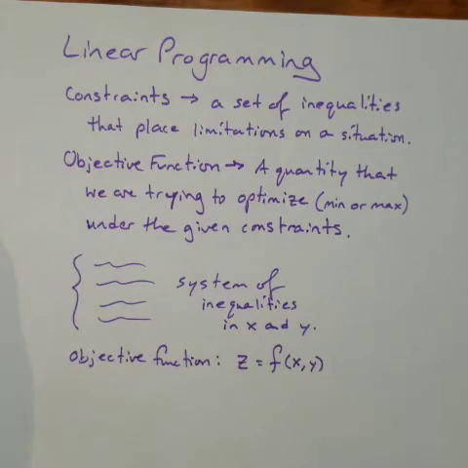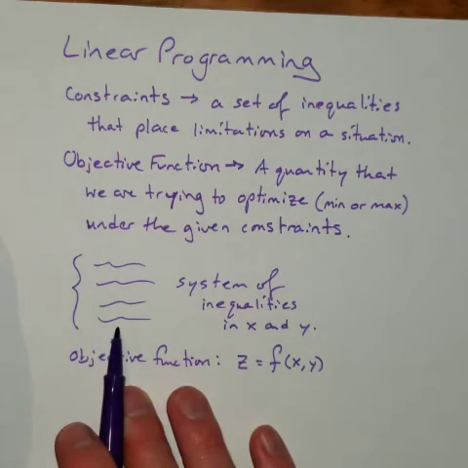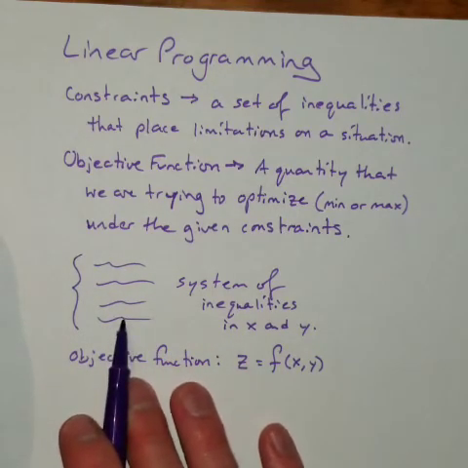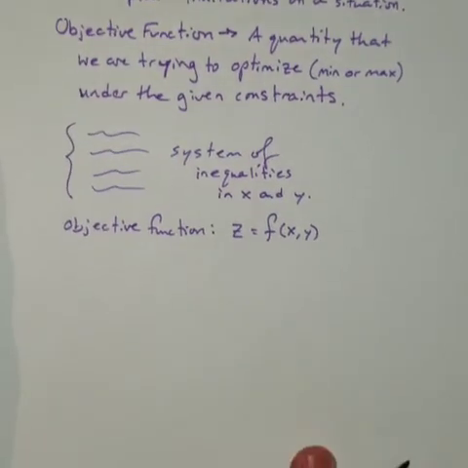Okay? This is what we're trying to either maximize or minimize depending upon the problem. And we're trying to optimize it over these constraints, or under the constraints, I suppose. The constraints give you some sort of region, some sort of graph.